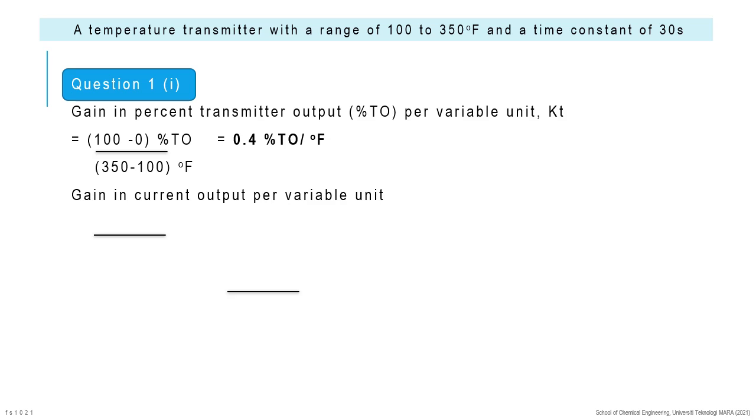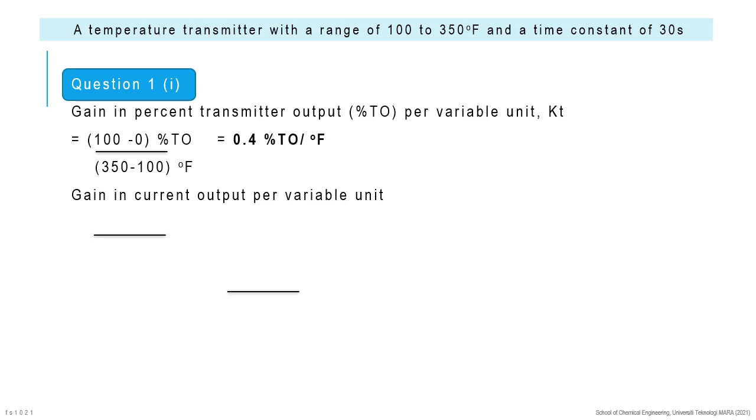So 100 minus 0, divided by the x-axis, which is 350 minus 100, as stated in the question. You will get the gain for percent transmitter output, which is 0.4% TO per degree Fahrenheit.